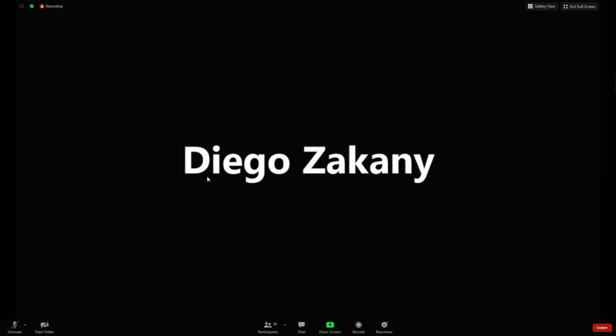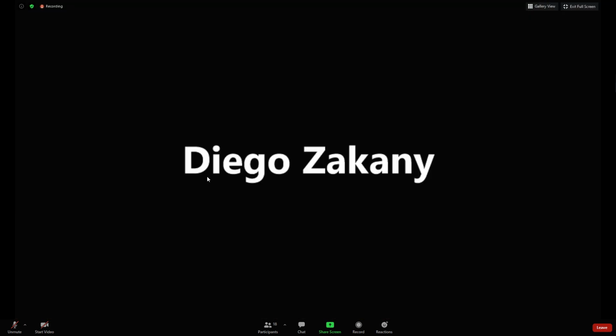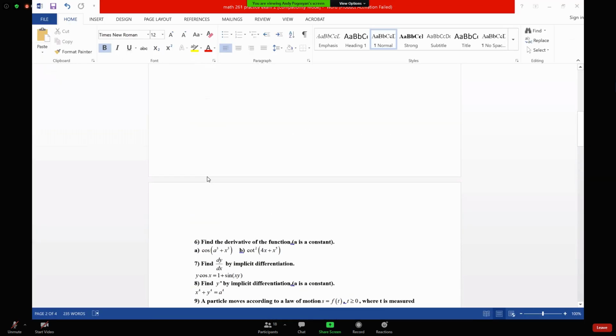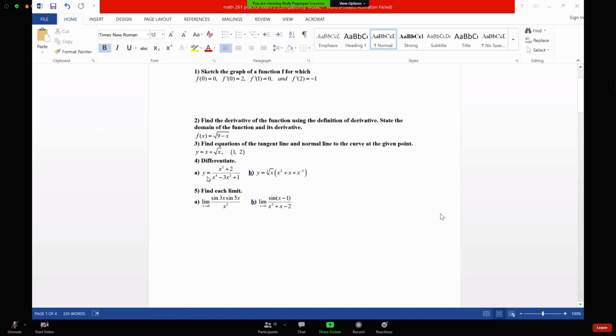Okay, so any other question? Just something regarding question 1. Actually number 3, on the practice exam. Is there a way to find the inverse derivative of this function?